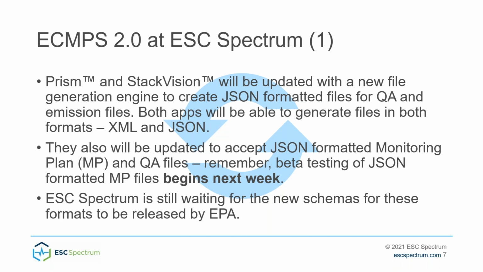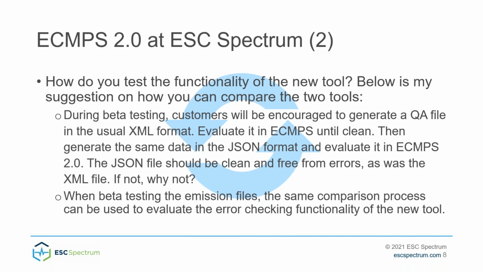And people have asked me, well, how would you test the functionality of the new tool? And I'm going to share with you in a minute what I would do going forward. During the beta testing periods, I would think that customers could generate a QA file using the existing XML format and then evaluate that file in the existing XML format in the ECMPS tool until it's clean.